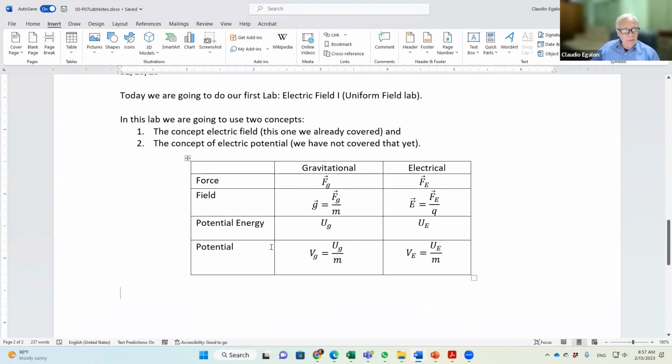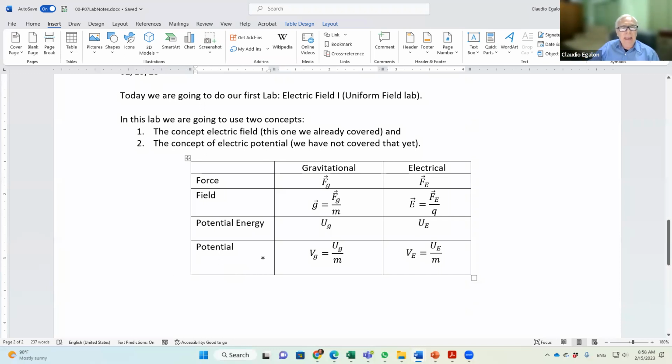Thank you. So in the case of the potential energy, we can have the gravitational potential energy, and we can also have the electrical potential energy that I didn't introduce to you yet. We're going to introduce that right now. Finally, we can also define something called the gravitational potential. Remember, there is gravitational potential energy, and then there is gravitational potential.